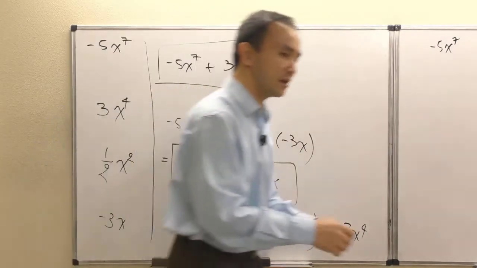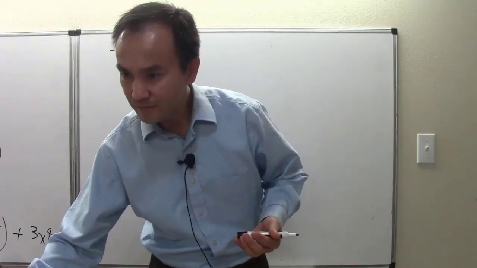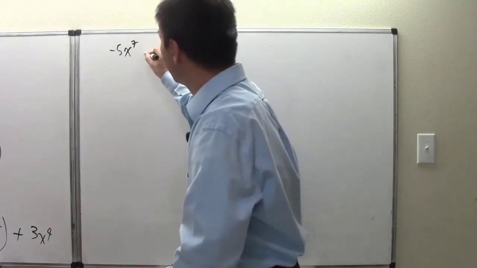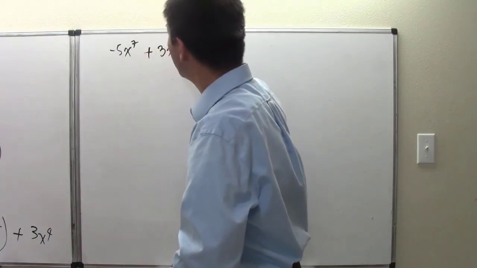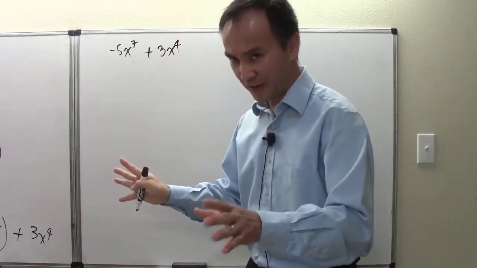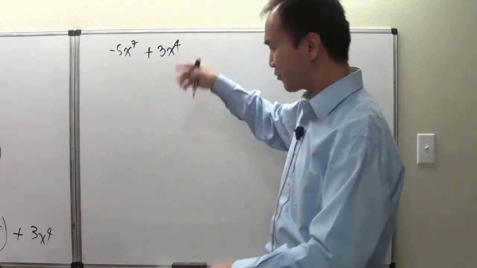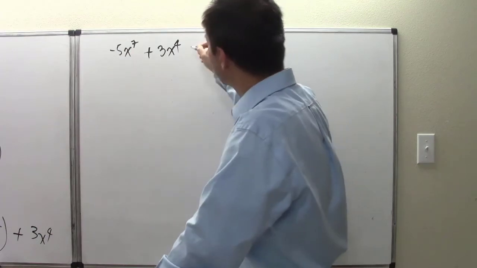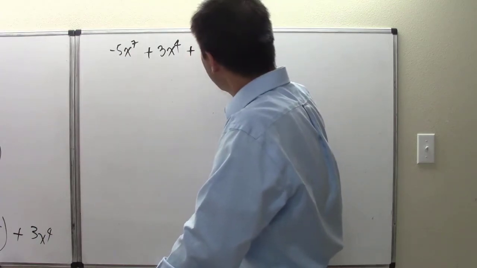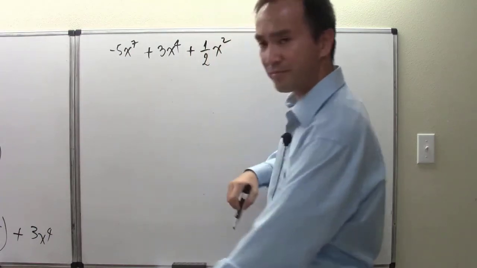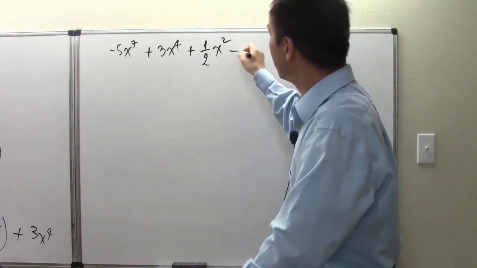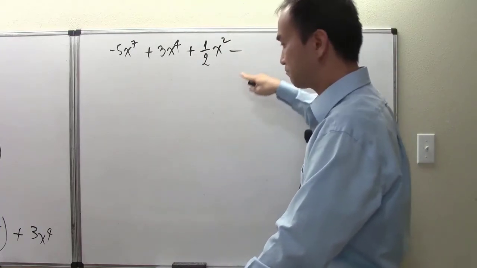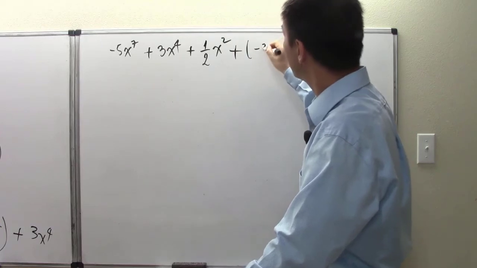All right, so now plus 3x to the 4th. And now anyone viewing the video is seeing where I'm going. So the next one here, needless to say, I have to swing back to the other board. So now it's going to be a plus 1/2 x squared, and then plus minus 3x.